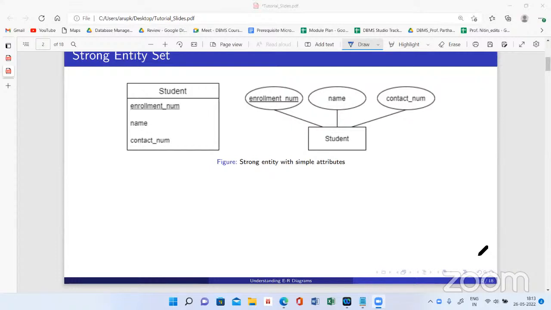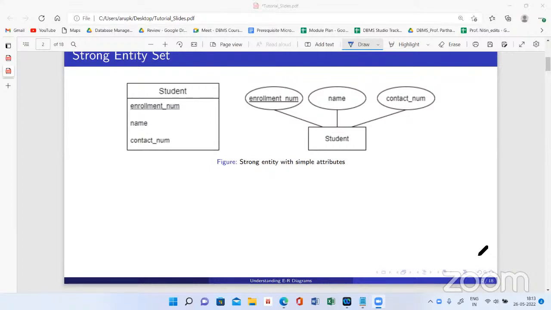I am an instructor and I am distinguishable because I have an attribute called employee ID, which differs from other entities. So a strong entity has an identifying attribute which differentiates between all its entities.